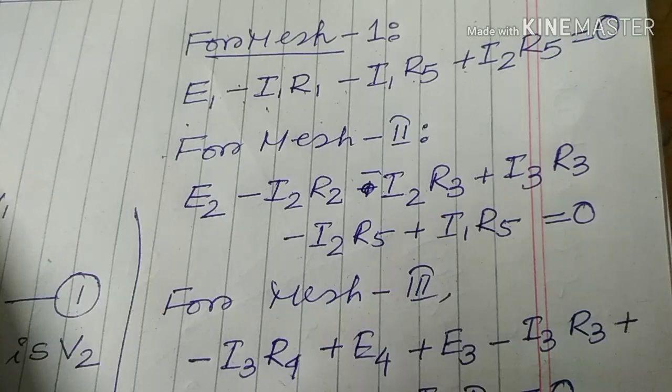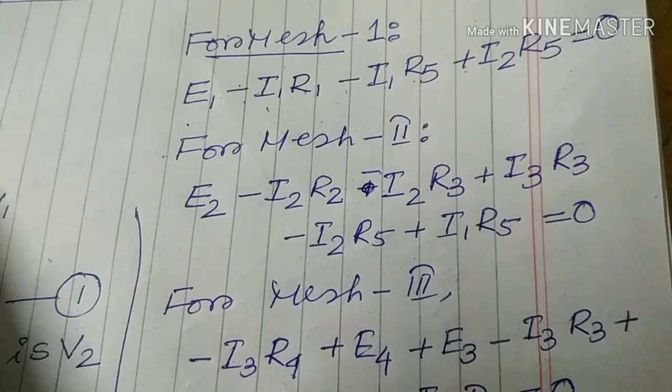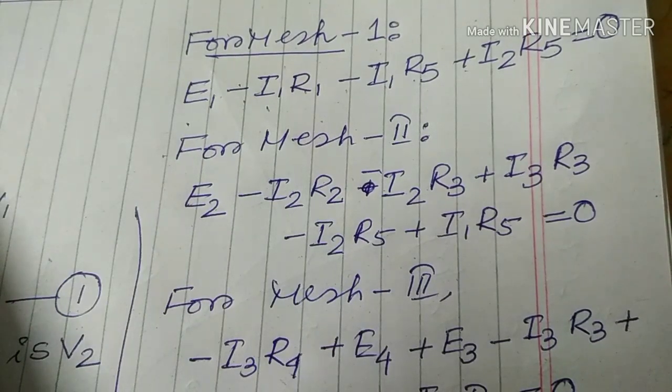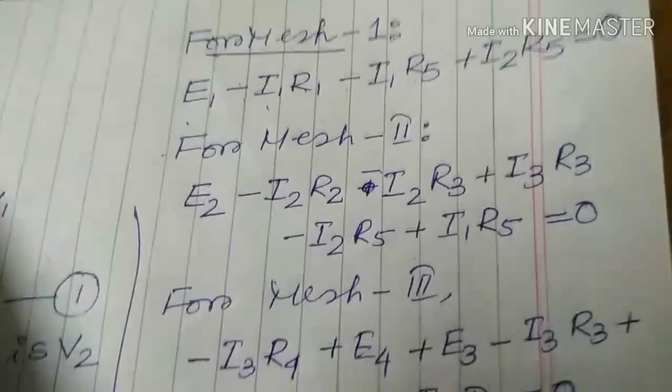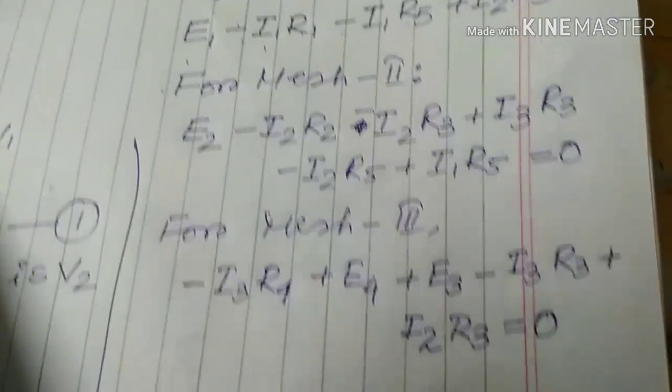From these we calculate the values of I1, I2 and I3, because all of the variables E1, E2, E3, E4 and R1, R2, R3, R4, R5 are known. So we easily calculate the current through all meshes, all branches and all resistances. In this way we calculate everything from mesh analysis.